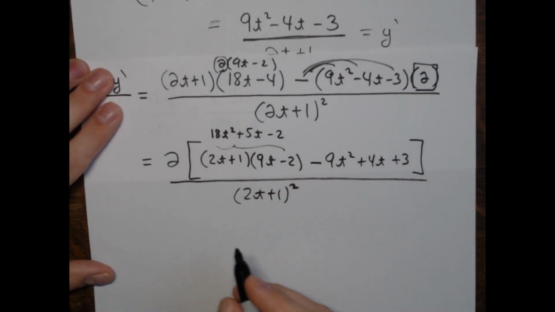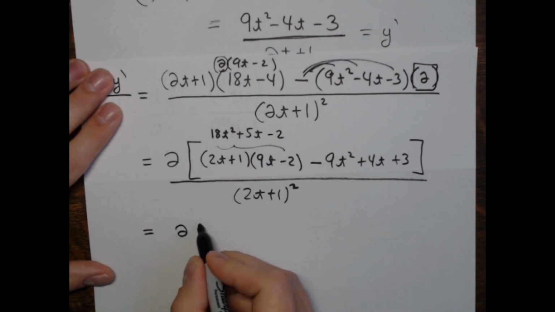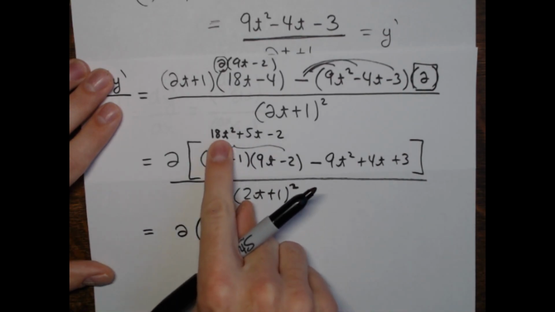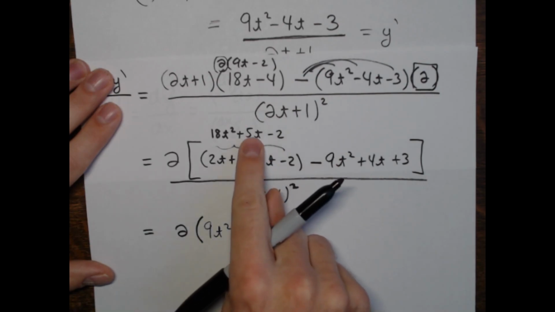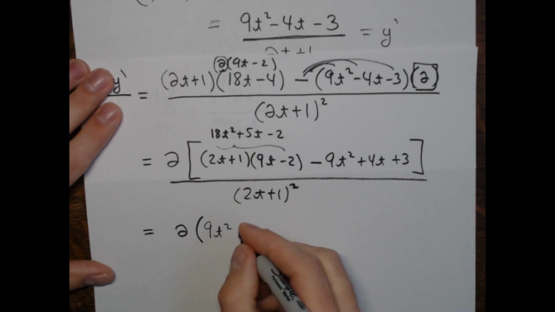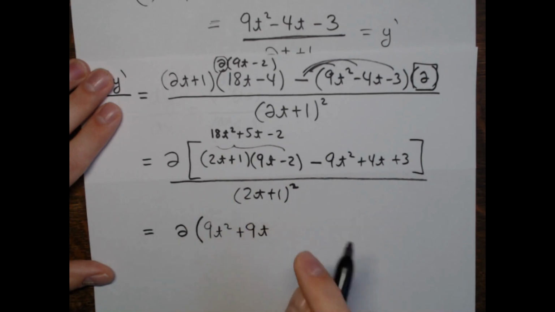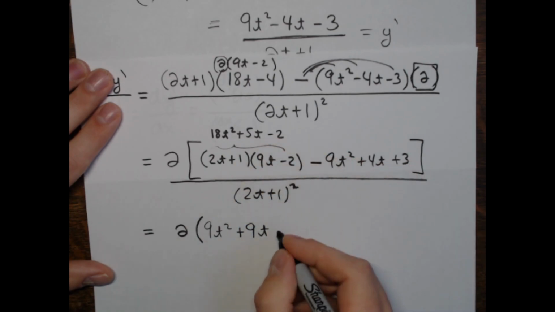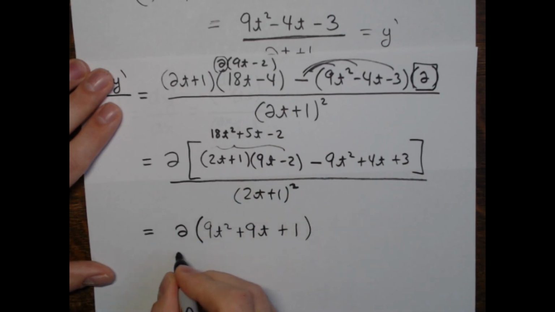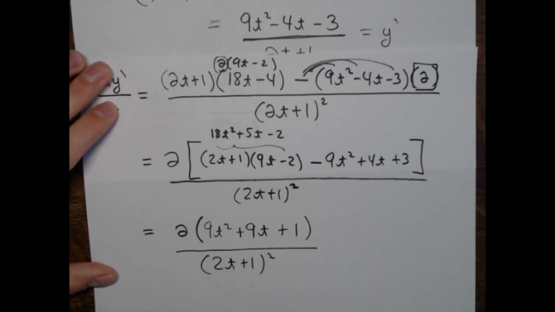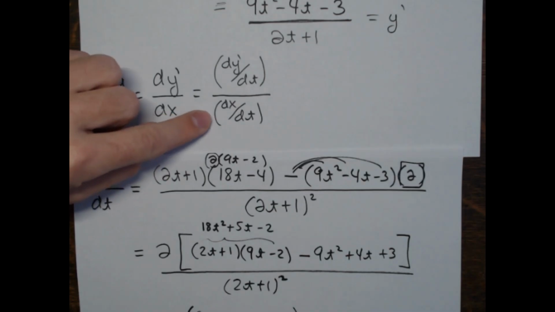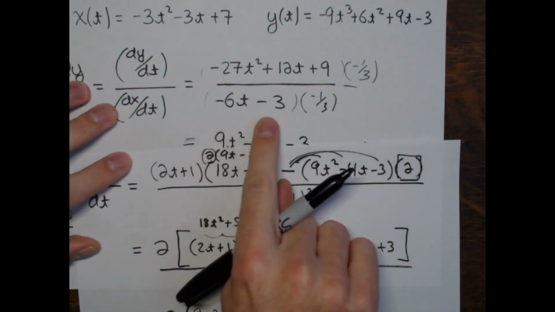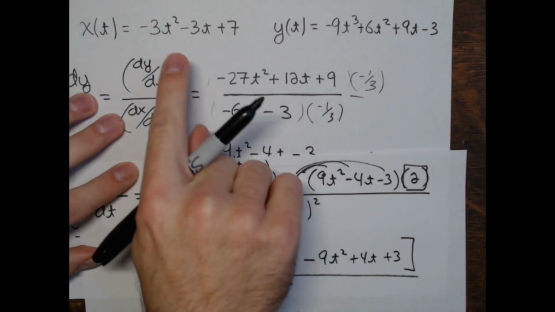Putting stuff together up here, we get 2 times, and then 18t squared minus 9t squared would be 9t squared, 5t plus 4t would be plus 9t, and then negative 2 plus 3 would be plus 1. And this is divided by 2t plus 1 squared. That's dy prime dt. And then we're dividing this by dx dt, which we already saw was negative 6t minus 3.